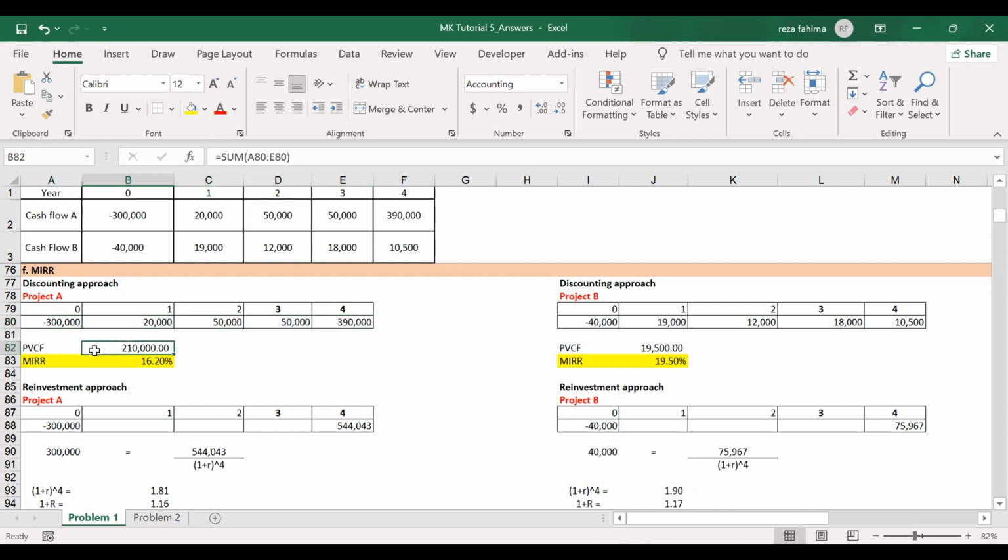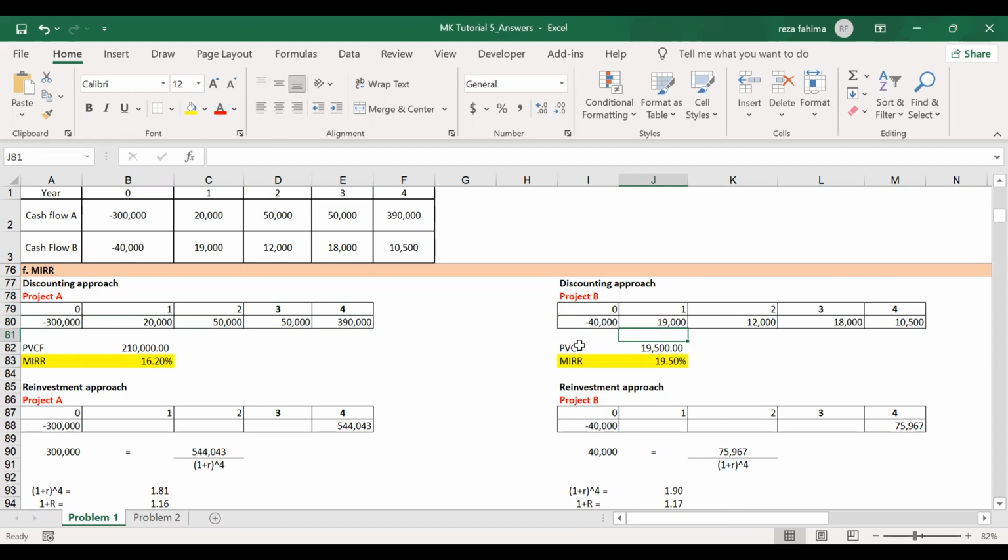So we get our PVCF of 210,000. And for calculating the MIRR, we can use the Excel formula to calculate the IRR using these cash flows, and we get our MIRR equal to 16.2%. And it's also the same with project B. We would discount all the negative cash flows from year 1 until year 4, but we don't have any negative cash flows, so we don't have to change anything.